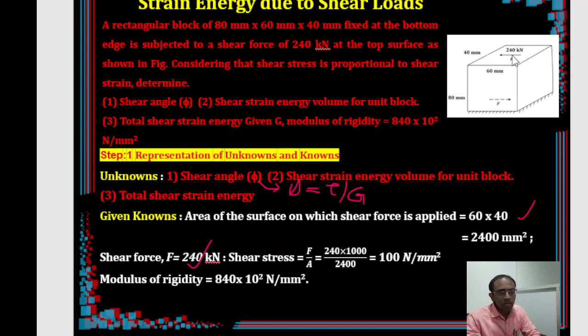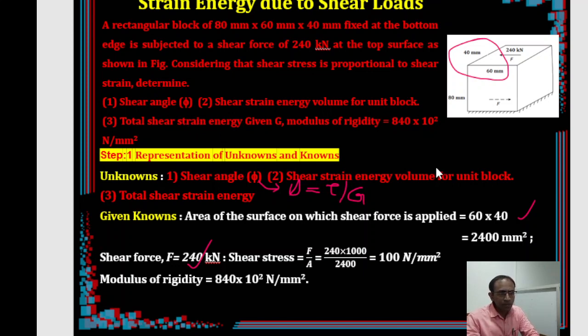Look at this, the shear force is acting in this region, on the top surface. So the tangential area we are supposed to take is 60 times 40, and you get the shear stress. So what is the difficulty in getting phi? Phi is nothing but tau by G. G is the standard constant value supplied to us, so you can straight away find the value of the shear angle.